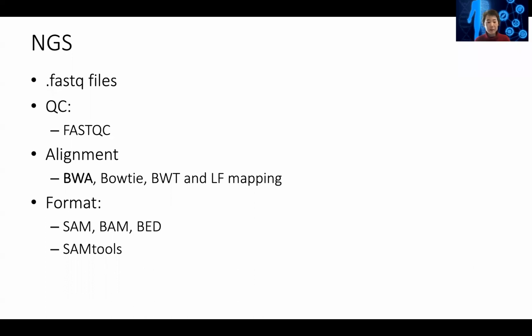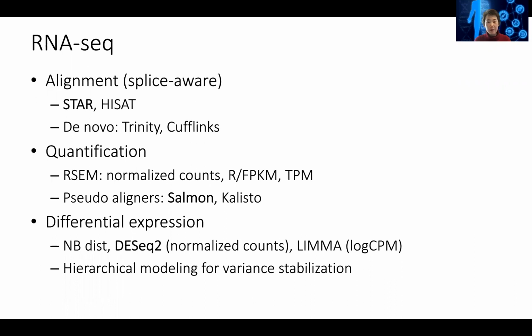And we briefly explained SAMtools, which can help you evaluate the SAM data to look at read mapping quality and also the percentage of mappable reads and so on. Then we very quickly moved to RNA-seq and gene expression.